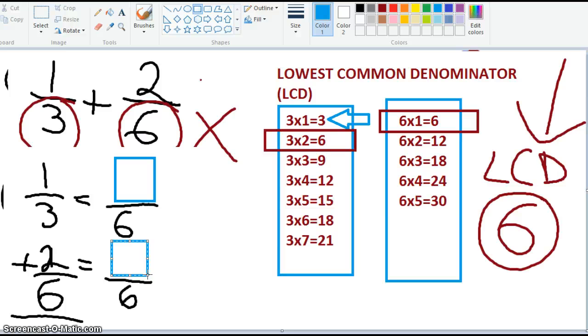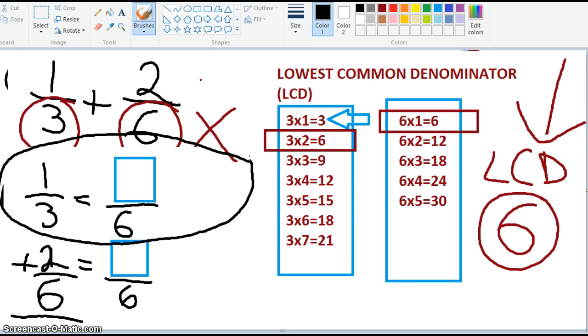The trick is to see what number is divisible by 6. Let me be more specific. When I look at these numbers, I need to take my two denominators, and by the way, folks, I'm just going to focus on this first fraction.